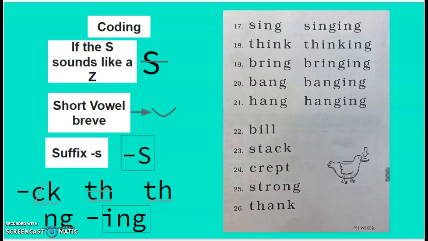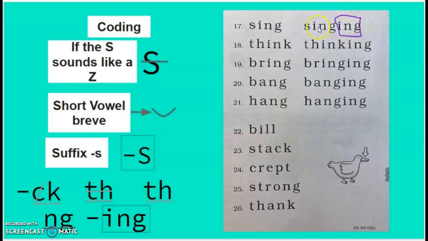Look at 17 through 21. We have the word sing and singing. This is our root word. They have our root word with an ing. What do we do to that ing? Right, we box it in.